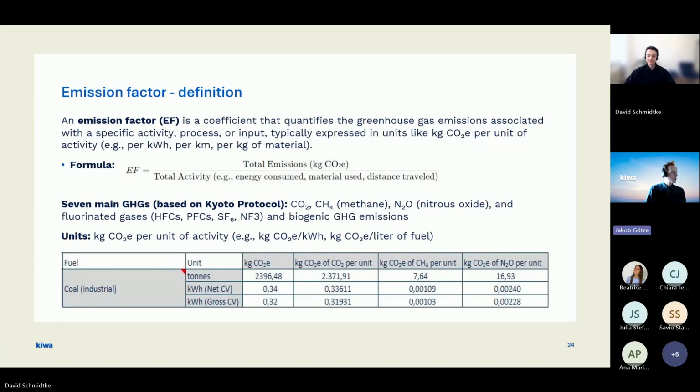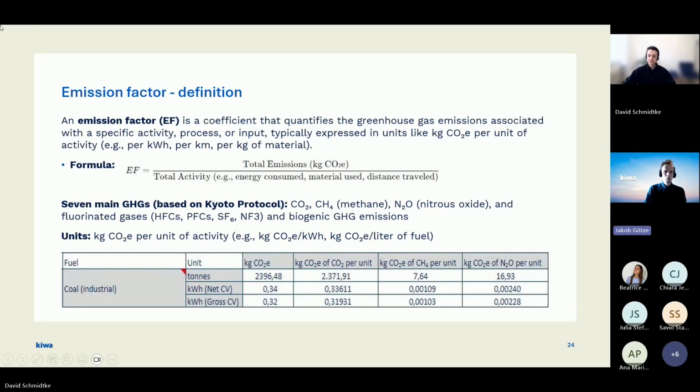So I just mentioned the emission factors. We now are in the calculation phase. And we multiply the activity data with the emission factor to convert the activity data into actual greenhouse gas emissions.